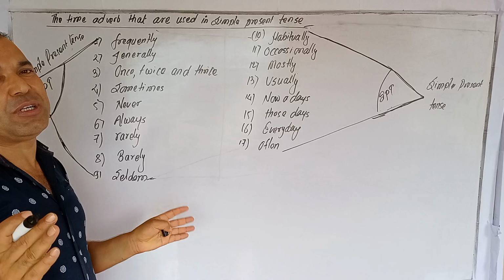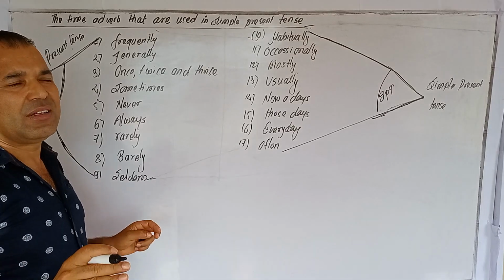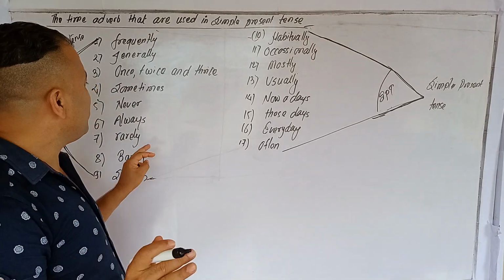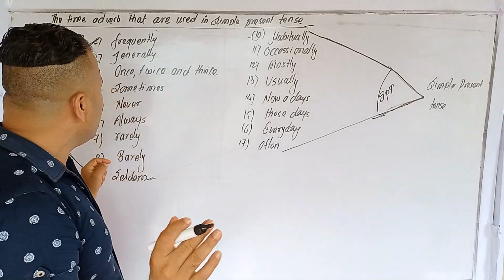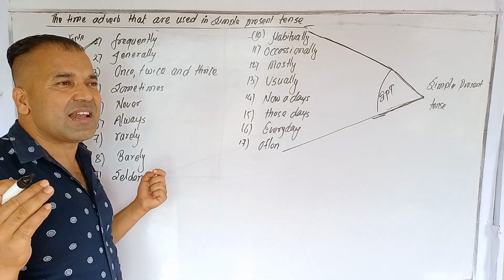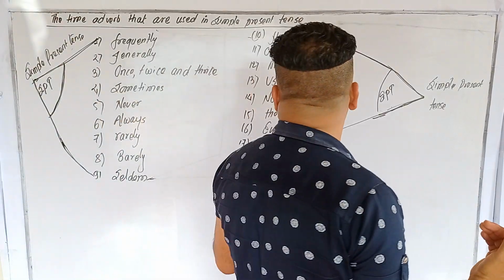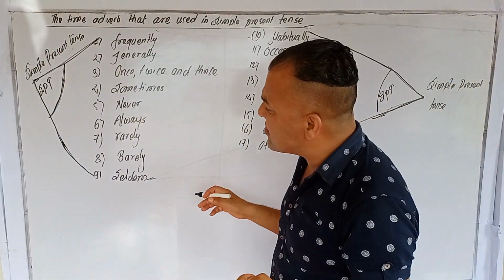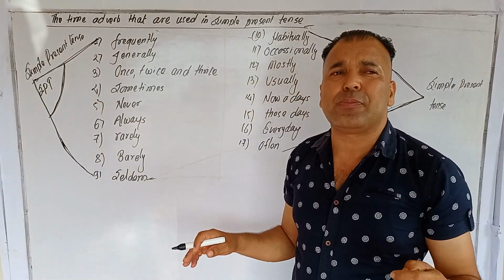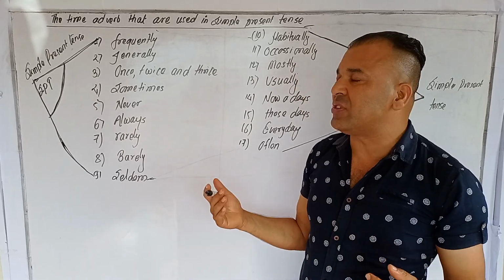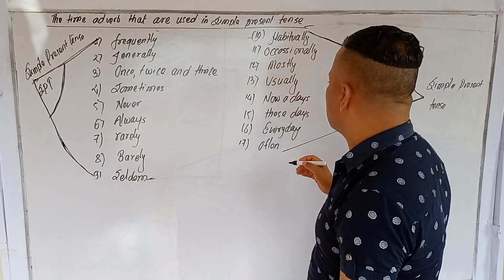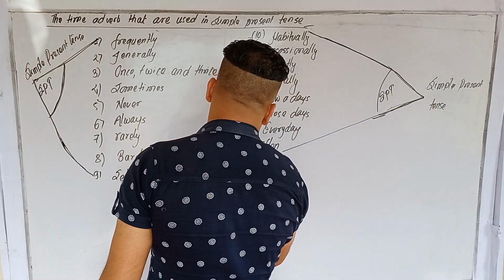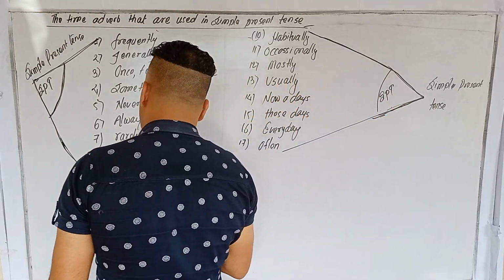Sometime is 50-50%, not exact time. Never has a negative meaning. Always is 100%. Rarely, barely, and seldom are almost negative, not exactly negative. Often, we can use often also.